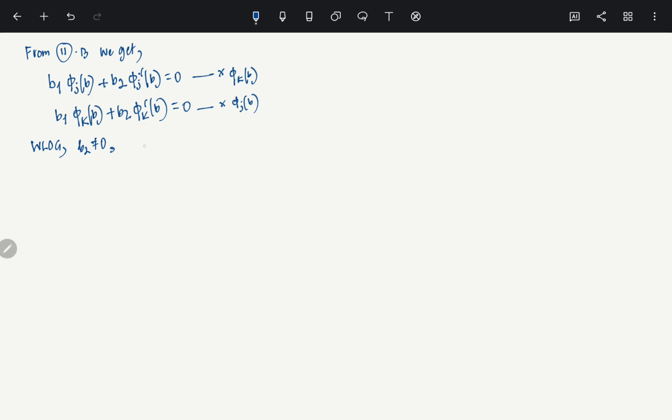If you do that, it becomes phi j at the point b, phi k prime at the point b, minus phi j prime at the point b, phi k at the point b. This is going to be 0, right? This is very easy to see. If b2 is non-zero, I can just cancel out the extra terms. So b1 I will cancel out, and since b2 is non-zero, I can just take it on the other side, and this is what I am going to end up with.